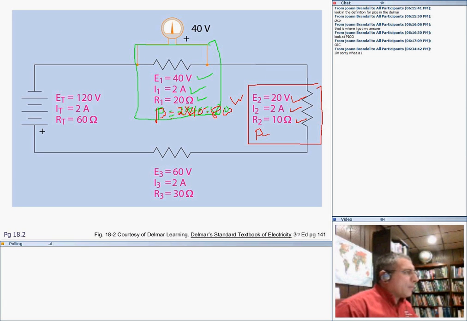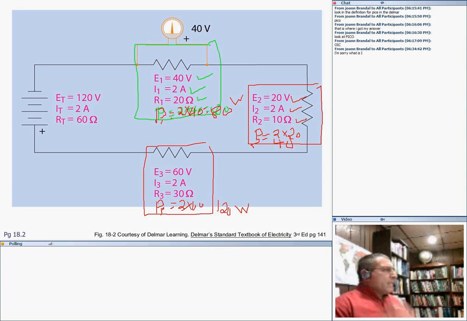Find the power, no problem. The power is 2 times 20, and that is 40 watts. So the last one. Each resistor has 4 quantities. This is P1, this is P2, and this is P3, and 2 times 60 is 120 watts.